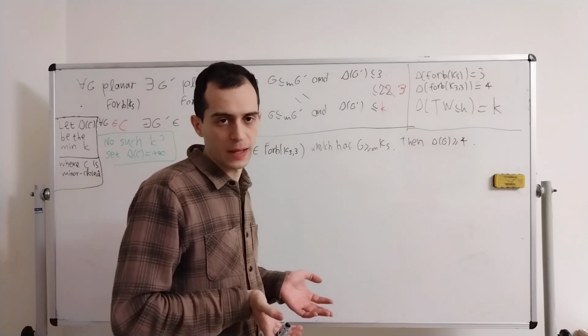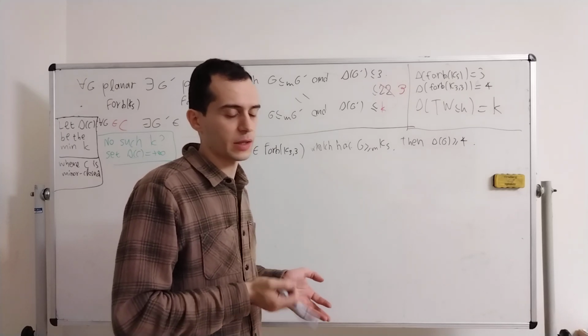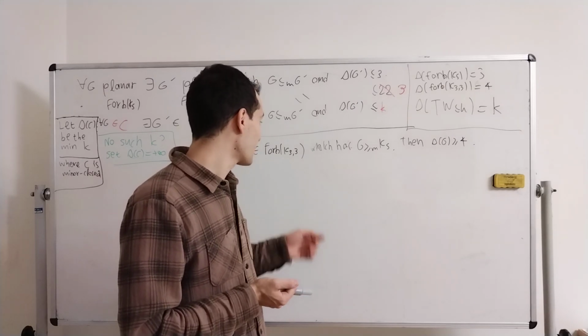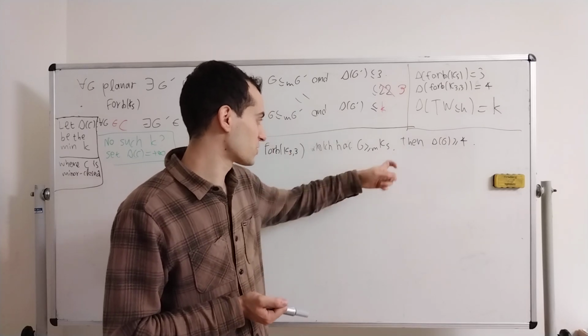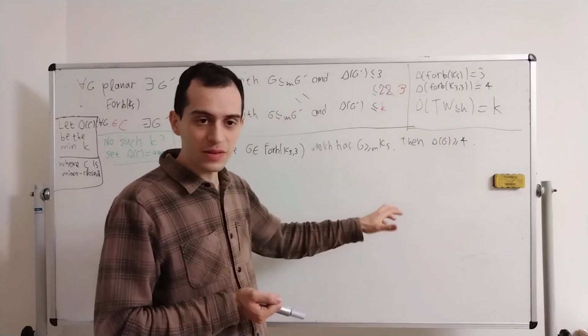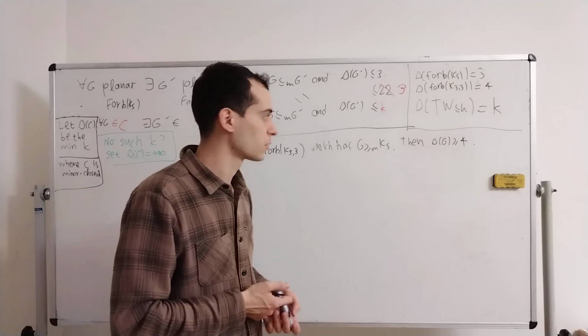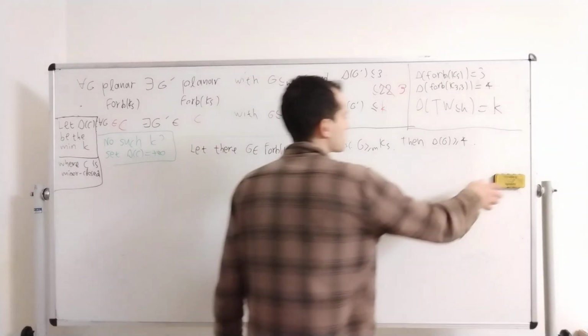Well, it cannot be a planar graph because a minor of a planar graph is planar. So it has to be again a graph excluding K3,3 which includes K5. But in this case, it also has maximum degree 4 or more. And so this gets us a simple lower bound.